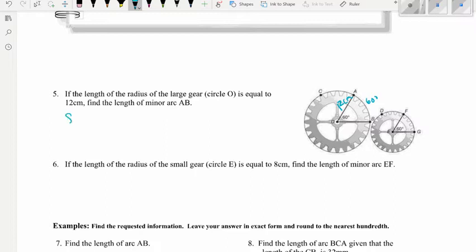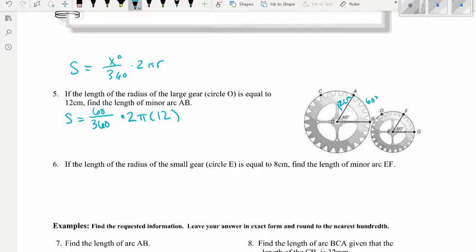So the arc length equals 60 divided by 360 times 2 pi r, because we're using S equals x degrees over 360 times 2 pi r. So 60 divided by 360 times 2 pi times 12, because r is the radius.